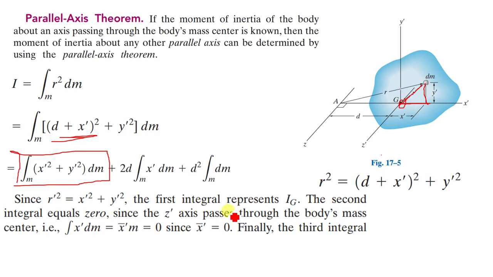So when you work this out, it is called Ig, the moment of inertia about the mass center G. And then the second integral is equal to 0.